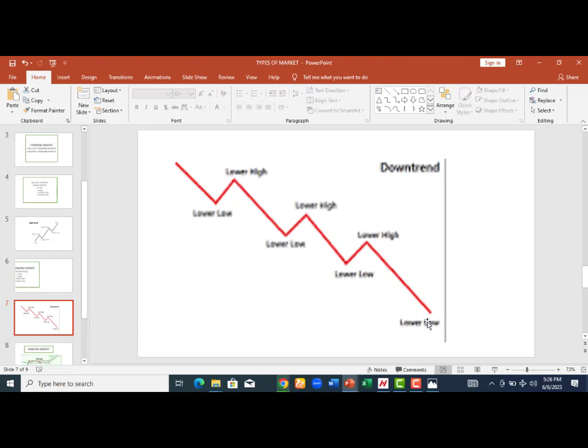Now in every downtrending market, you enter the market in a lower high, not lower lows. Like, if you catch the market here, is it good to sell here? Yes, if you sell, subsequently you're going to make profit. Always wait for the market to make a retracement or a pullback before entering the market.